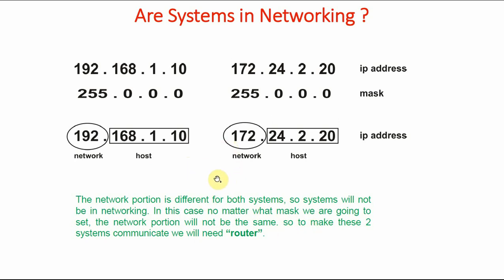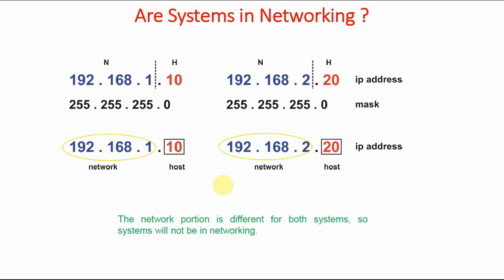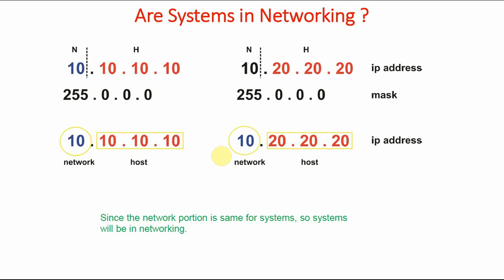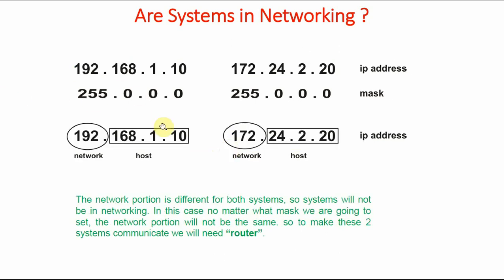So already we have discussed, by looking at the systems and using the mask we can find out what is the network, and accordingly we can decide which systems are in networking and which are not. So in the last case, whatever mask we use out of those 3 masks that we have discussed, these systems are not going to be in networking. So to bring them into networking, we will require the router.